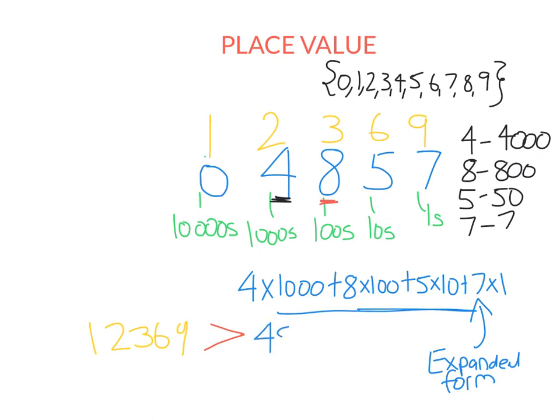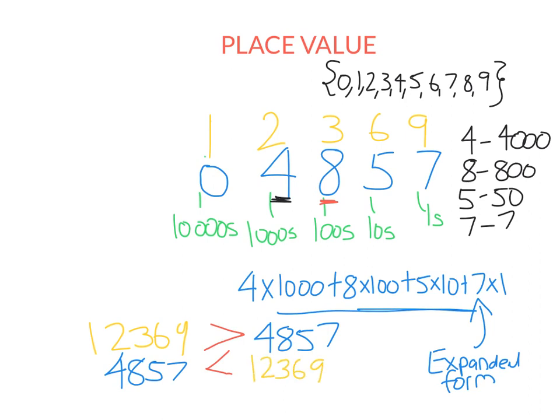So this sentence here says 12,369 is greater than 4,857. Of course, we could write the reverse of that. 4,857 is less than 12,369. So less than points the other way. So I need to write the symbol like this time.